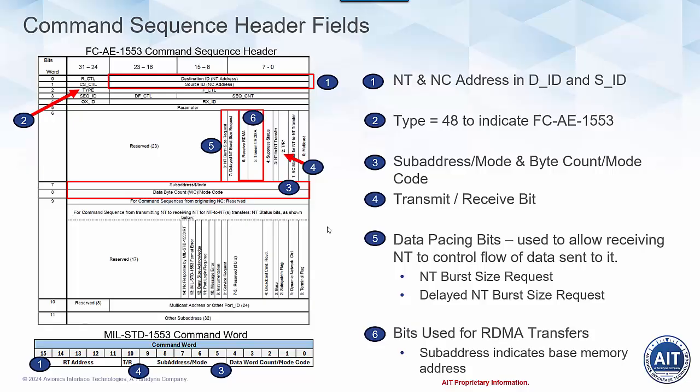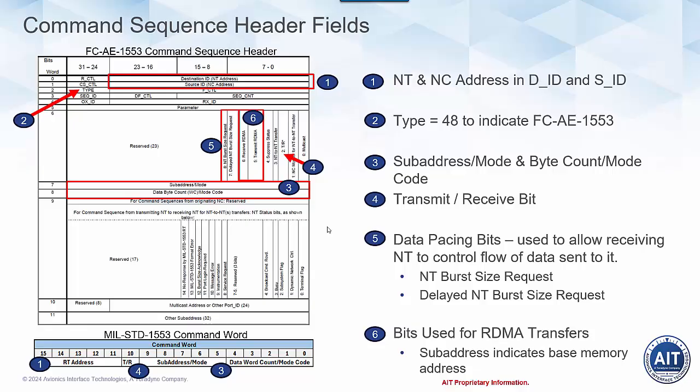Then you go down to words 7 and 8 in the Fibre Channel frame header. That's the subaddress, which is the same as the subaddress mode in the 1553 command word. So that's indicating the subaddress, or it can also indicate that it's a mode code.